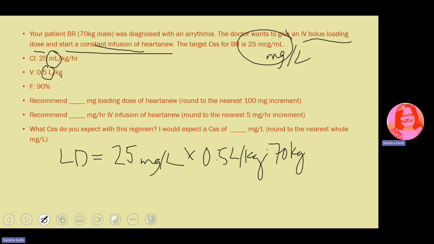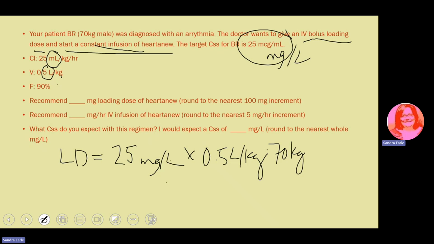So we don't have to adjust for bioavailability because we're giving it IV. So 70 times 0.5 is 35, times 25. 35 times 25 is 875.